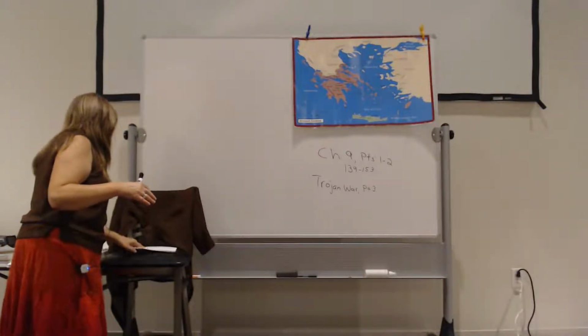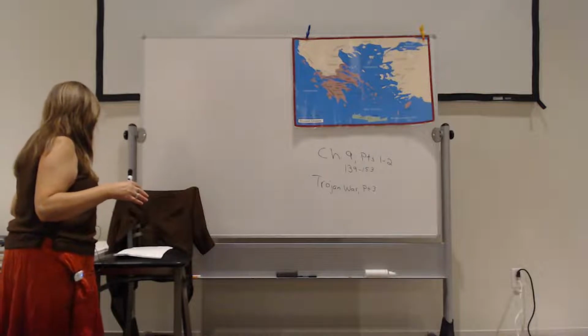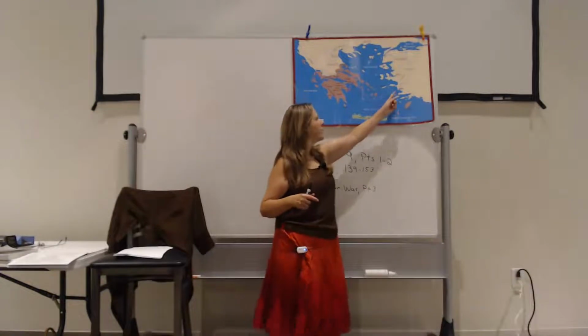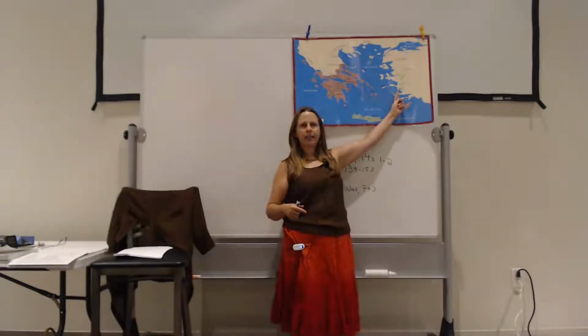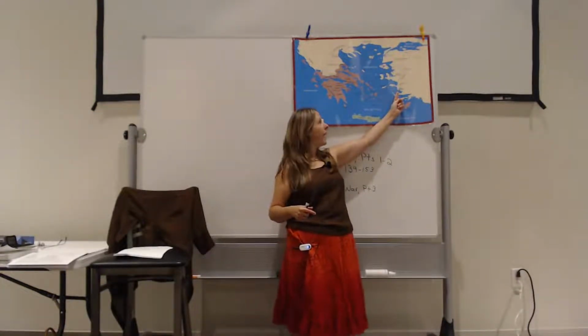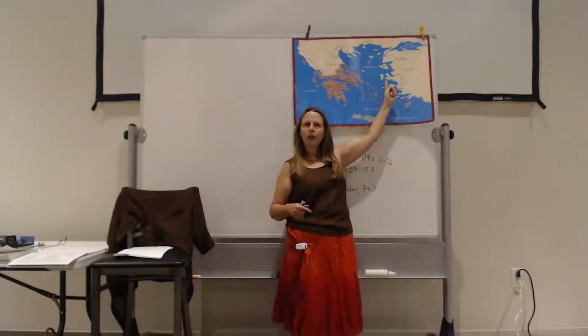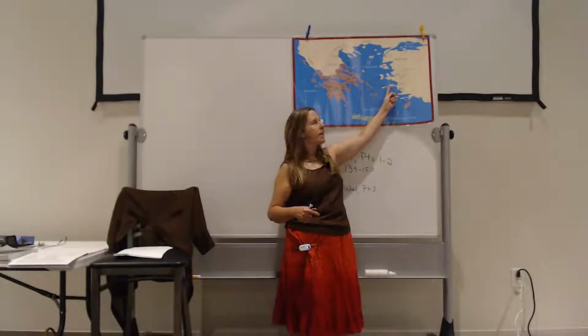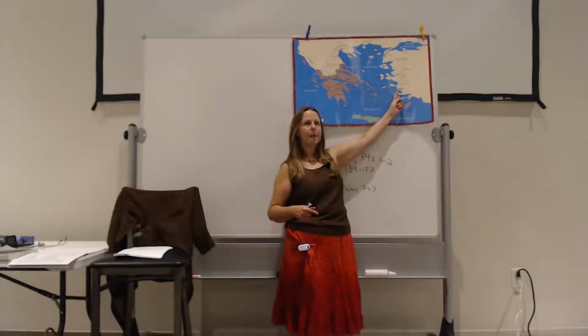And the first thing I would like to put on there is Miletus. Miletus is right here. So everybody look at your map. You see it's on the coast of Asia Minor. Do you see how this juts out? There's a couple of islands that jut out. It's just south of that. Miletus.